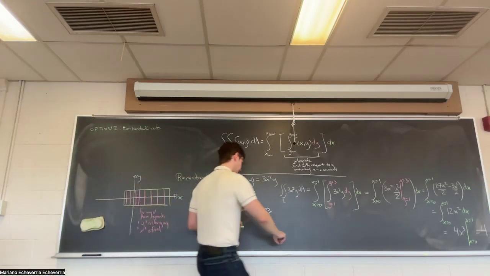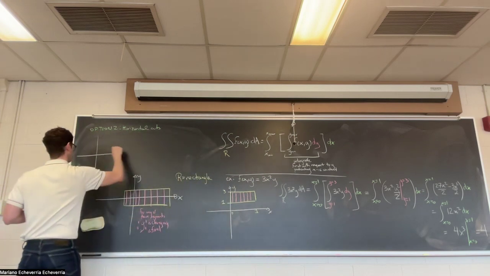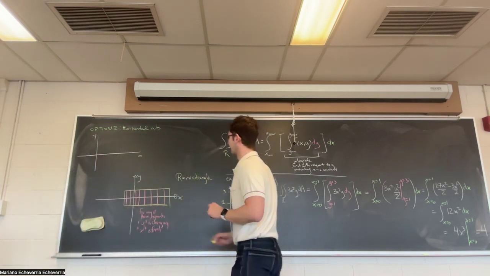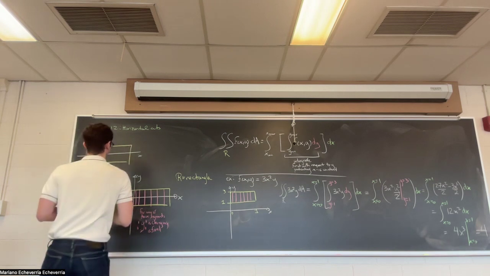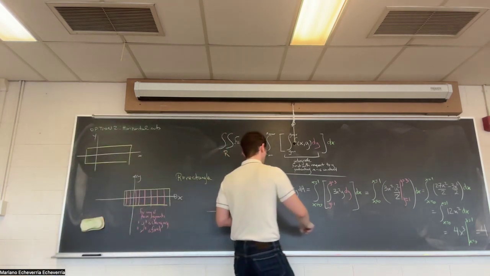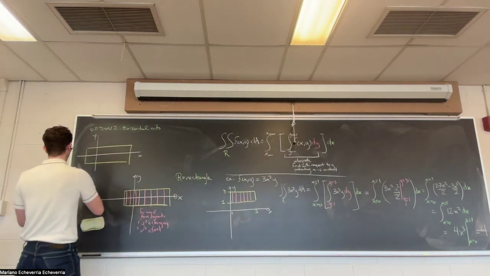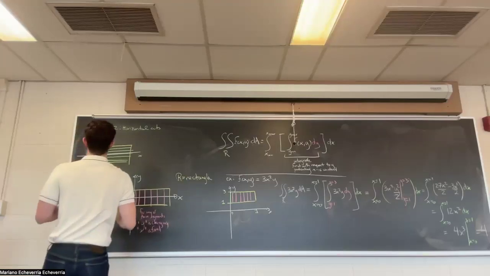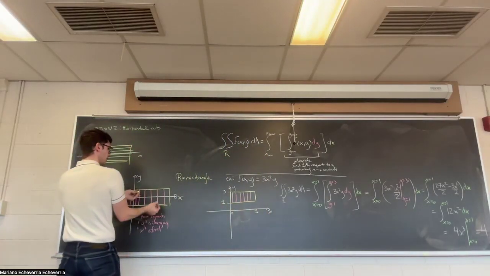And it's exactly the same idea. But now I'm going to cut the region horizontally, so I'm doing cuts that look like this. And then now everything kind of gets reversed.